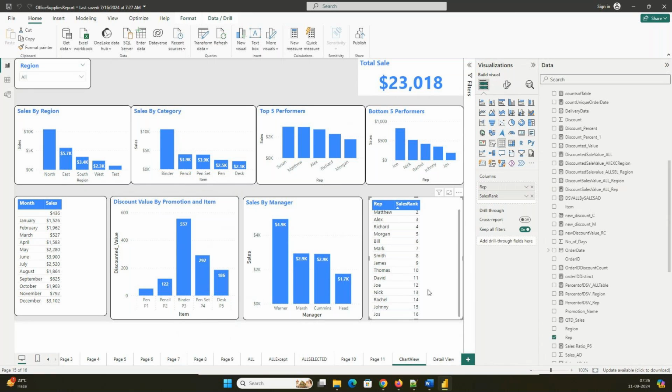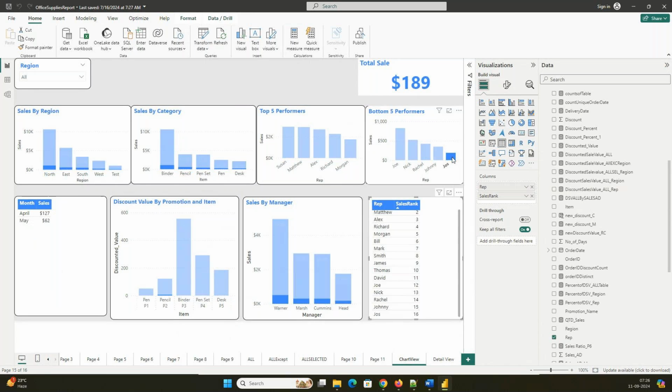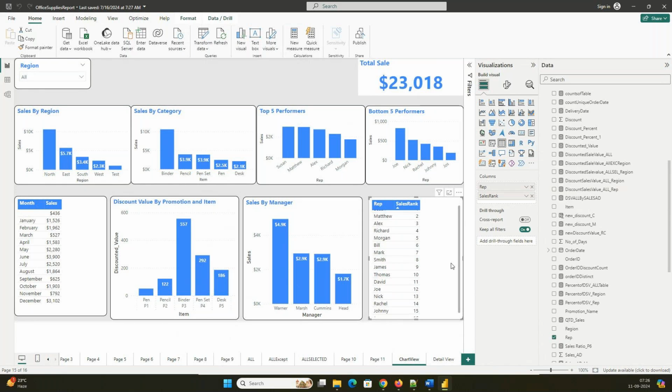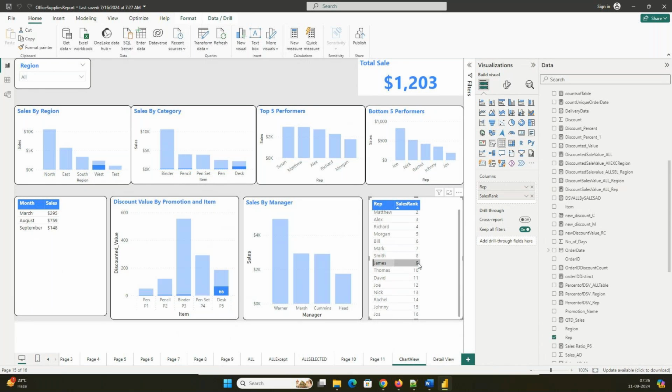If you click on Josh, automatically the data shows only data relating to Josh. Accordingly we can take action and see why that product is being sold the least. And James, why is he in ninth position? There are multiple ways of writing rank using data analysis expressions.